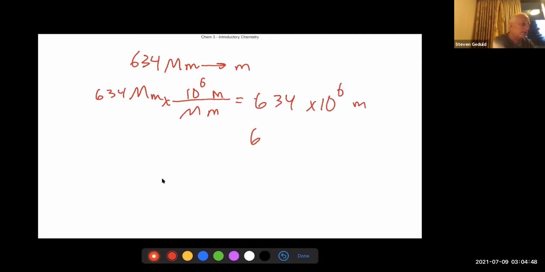In scientific notation that is 6.34 times 10 to the 8 meters, since this number is smaller, make this number bigger by 2. Or if they don't want scientific notation, all you do is write 6, 3, 4, and then 6 zeros, right? Yeah.